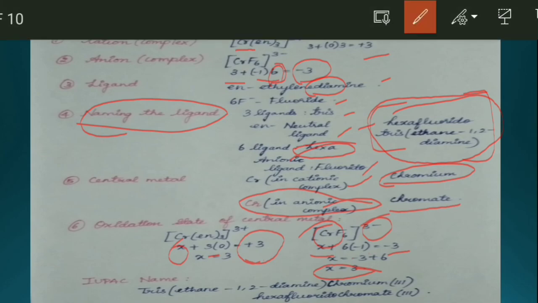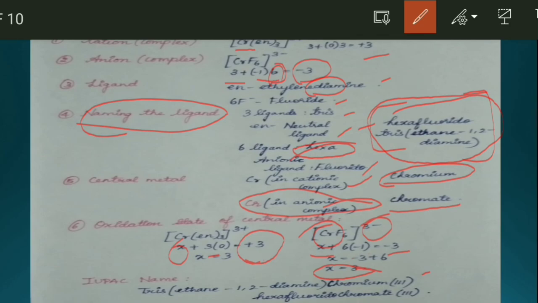The oxidation state of chromium is plus 3, so we have written here chromium 3. We have to write in this order only. We have to write it as a Roman numeral. We should not write it as numbers 1, 2, 3. We should write in this pattern only.